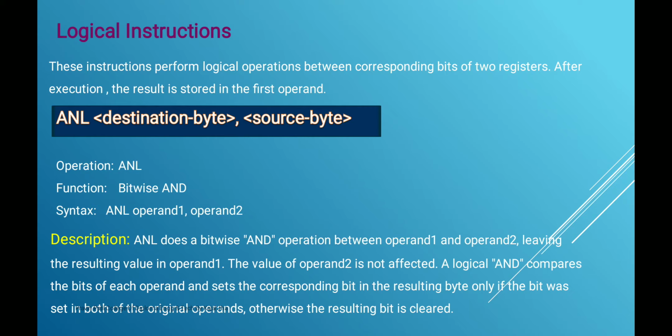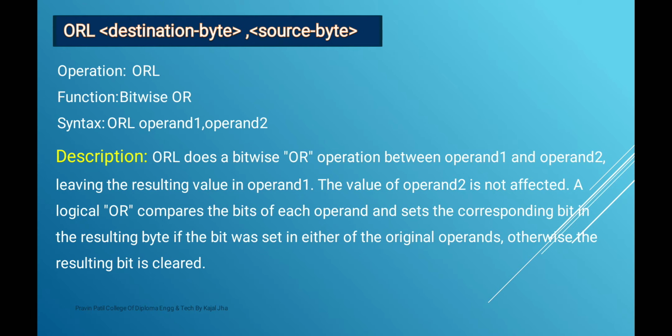After the execution of ANL A, R0, you get the value 41H in the accumulator. When the destination is a direct address byte, then the ANL instruction clears the combination of the bits in any RAM location or registers. Okay, so next is ORL, that is destination byte and source byte.